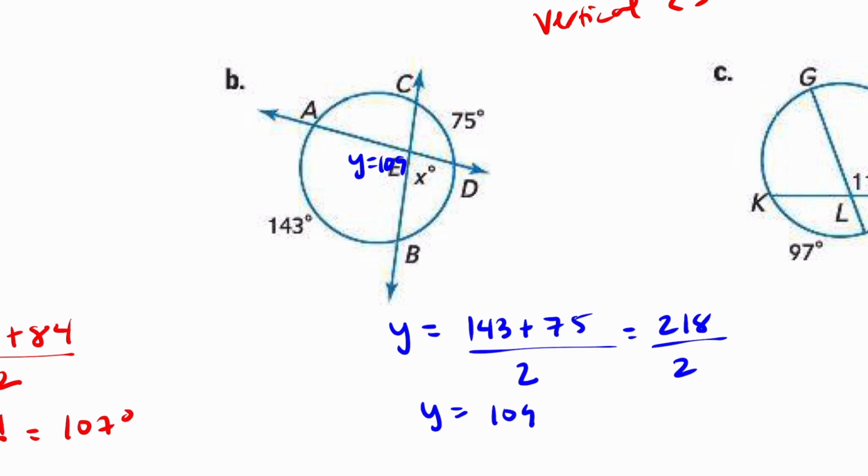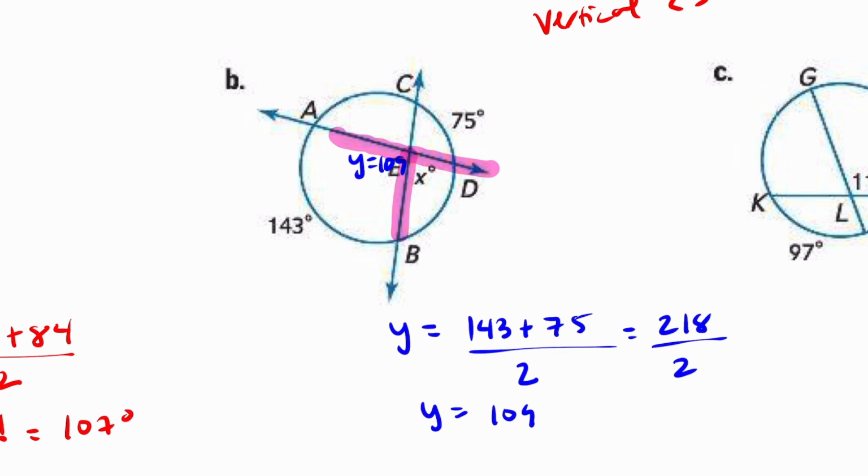Well, if we recall from our earlier units, these two angles that are stuck together are supplementary, or they form a linear pair. So these angles add up to 180 degrees.